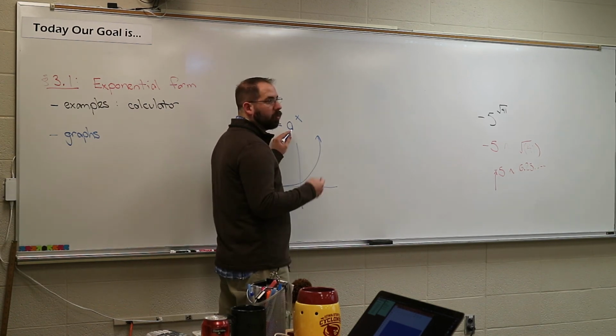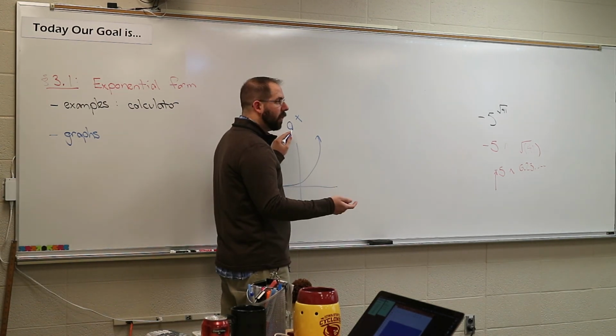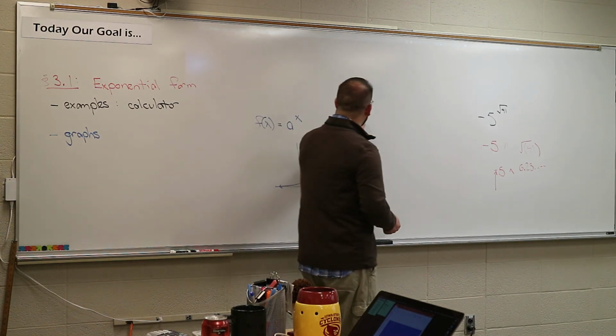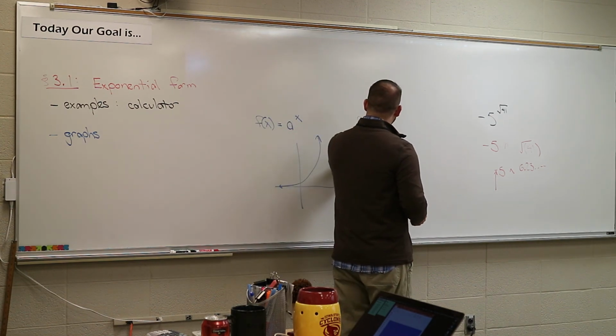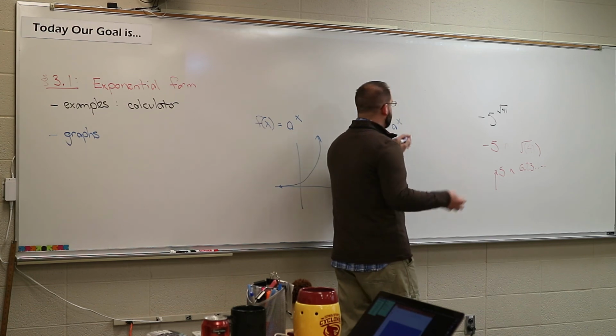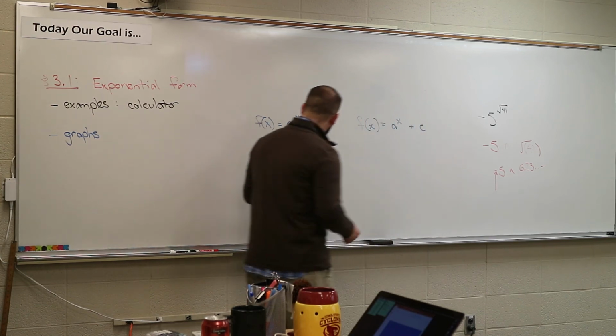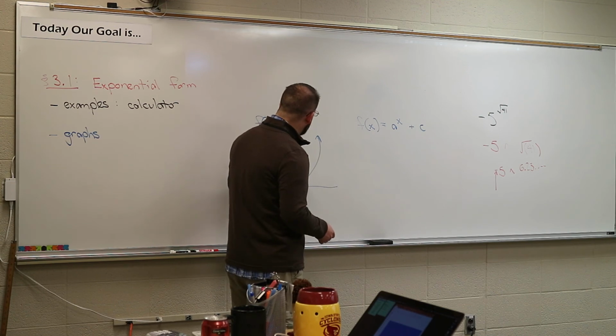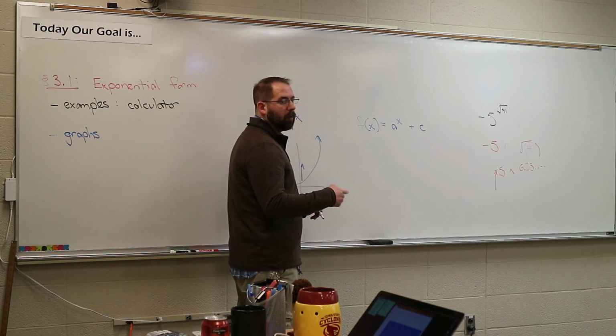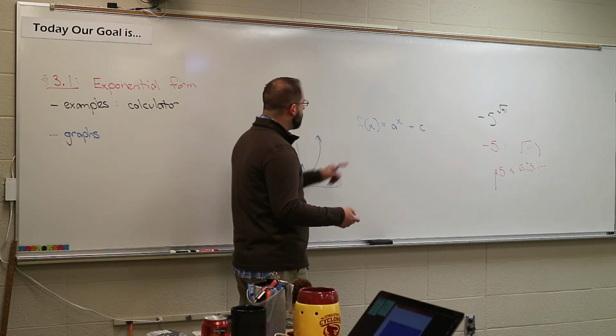What I want to talk about today is what happens when you put certain numbers with it. For instance, if you took your function a to the x or 2 to the x or whatever it is, and you added a number out back, what that does is it takes the whole graph and shifts it up by whatever that number was. So let's say you added 4.